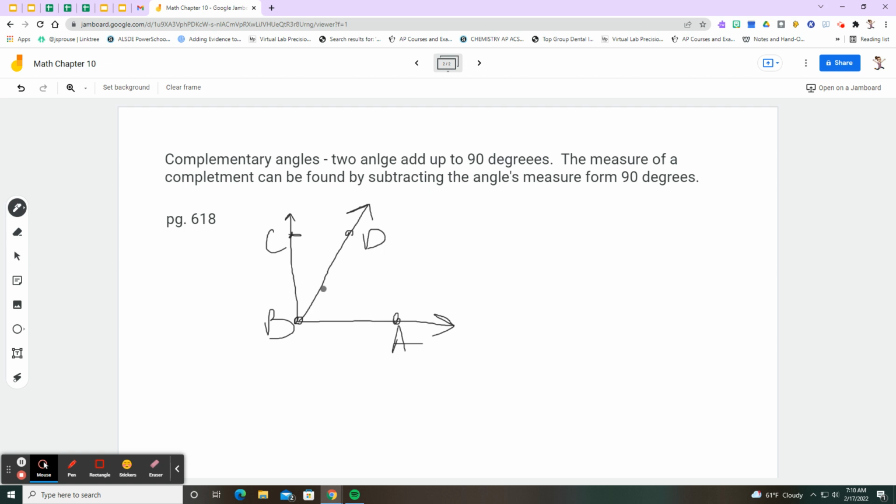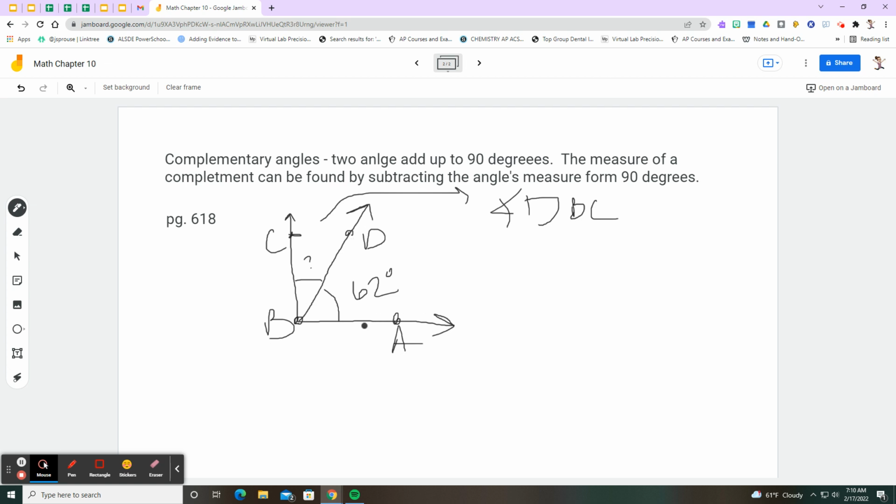Okay, so we're told that this is 62 degrees, and we need to find out what this one is. Okay, so we want to know what angle DBC is. So this is what we call angle DBC. Okay, the middle letter is always the vertex, so that's how you know which one is which. DBC, DBC. This one right here would be DBA.